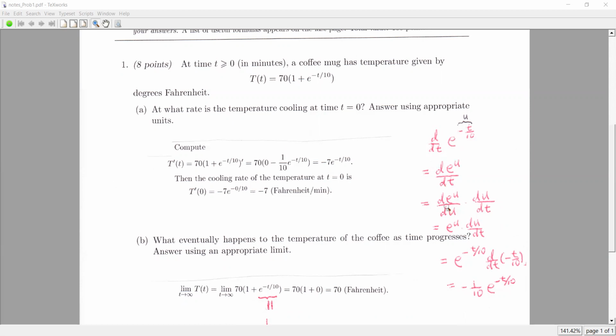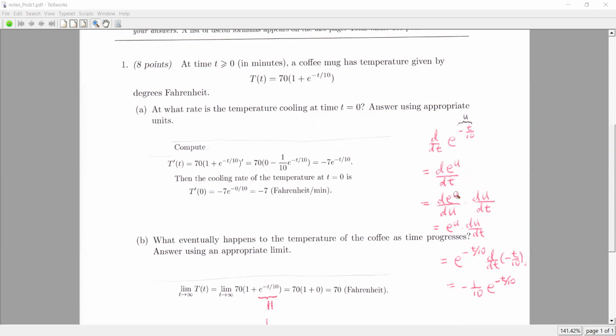I insert du to the bottom and du to the top. Then the derivative is equal to this derivative times this derivative. If I cancel du, then this product will go back to this quotient.